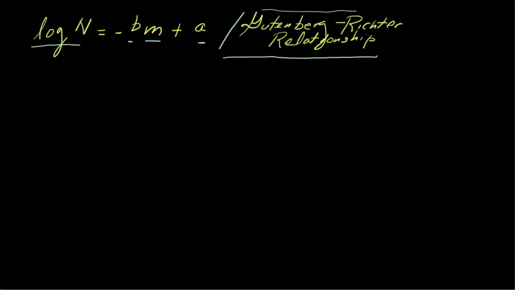This constant is the slope. This is the independent variable, and this is just the intercept. Let me just draw a quick plot over here.